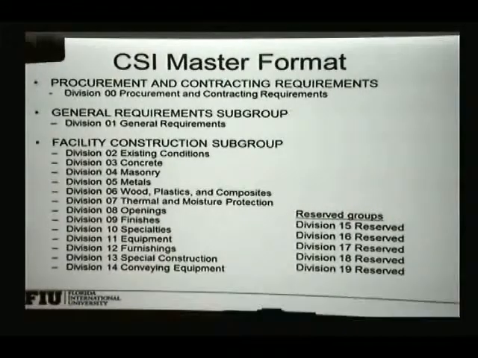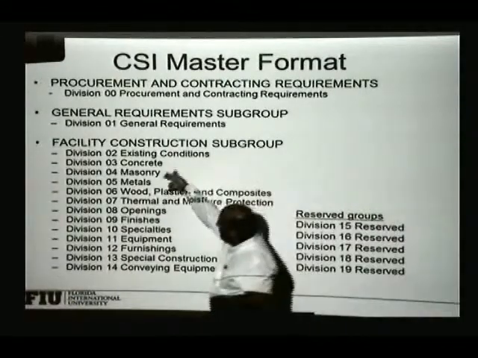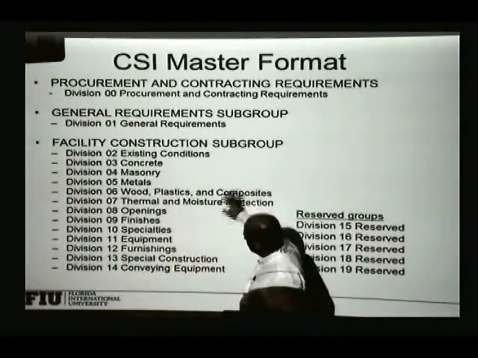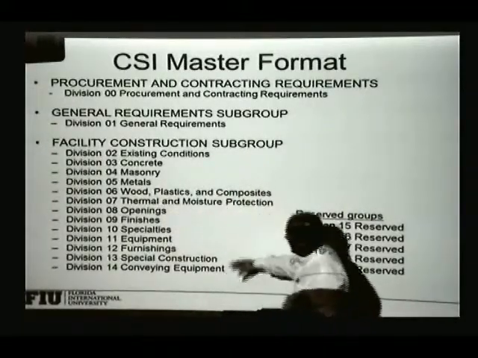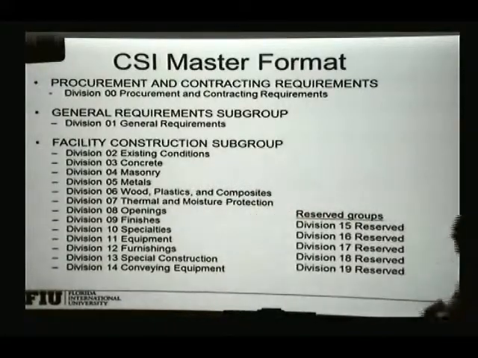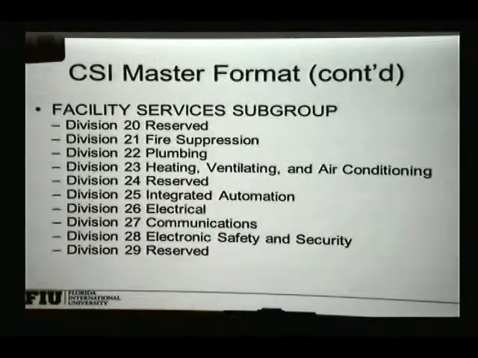So we have existing conditions, concrete, masonry, metal, wood and plastic, thermal and moisture, openings, finishes. Those kind of remain the same. Then we have conveying equipment, special construction. Then we have these ones reserved. And then it goes to fire suppression, plumbing, HVAC, automation, and so on.